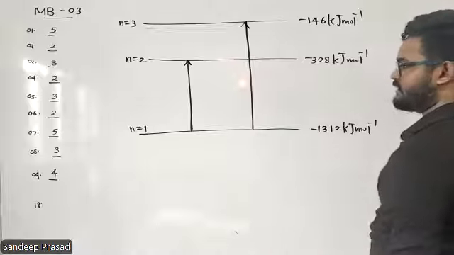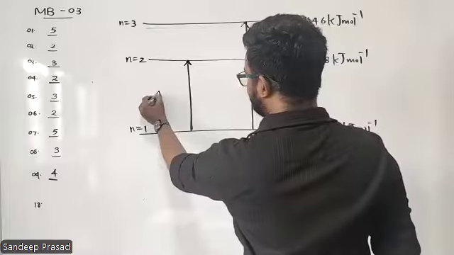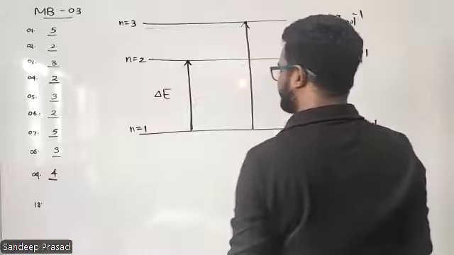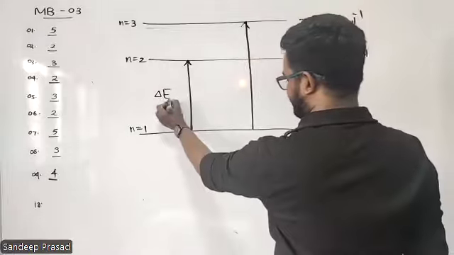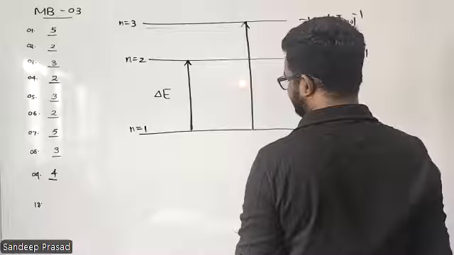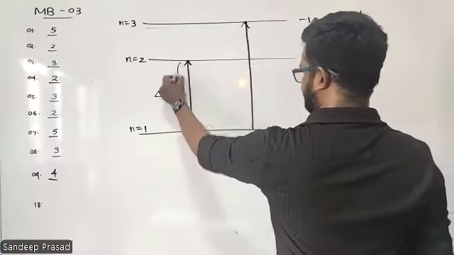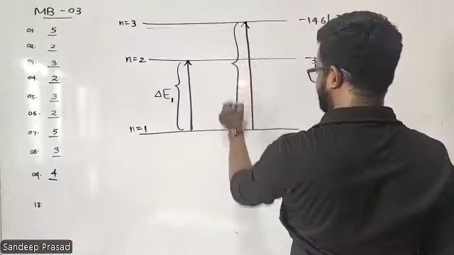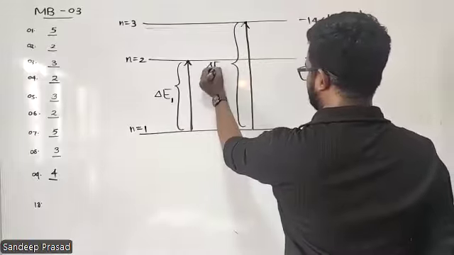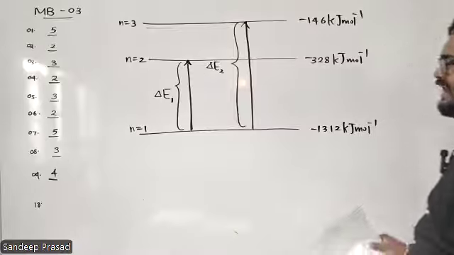Tell me, students, in which electron transition is a large amount of energy absorbed? Let me take this one as delta E1, this gap, and I'll take this one as delta E2. Which one has the largest energy gap?